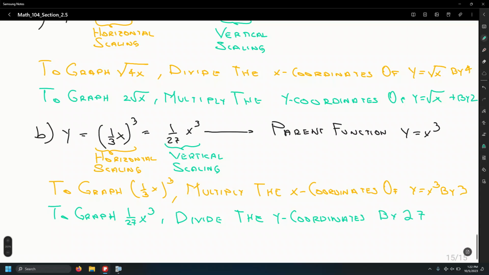Right? So we divide by 27 if we see it from the perspective of a vertical scaling. But if we see it as a horizontal scaling, then we would need to multiply by 3.